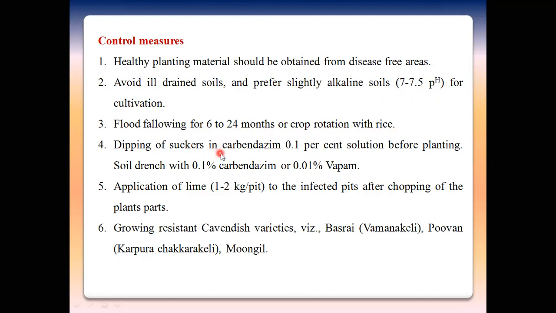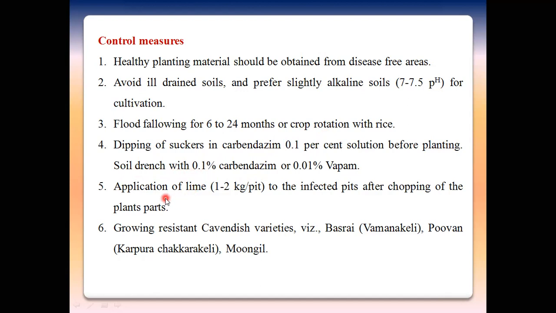Then dip suckers in 0.1% carbendazim solution before planting, because the Fusarium fungus may survive in the sucker portion. So kill the spores inside these planting suckers by dipping in carbendazim solution, and these solutions are also drenched around the roots of infected banana plants.